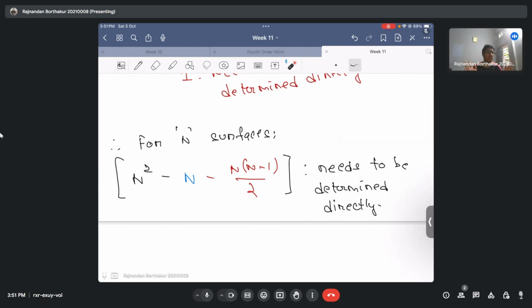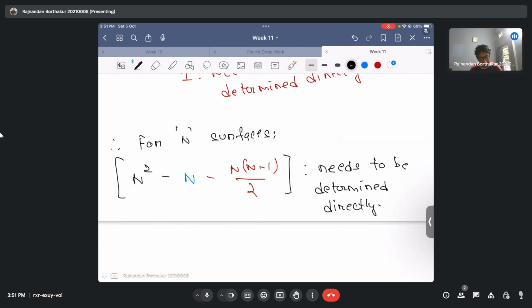To know all the view factors corresponding to the n surfaces of the enclosure, this is what the question is asking us: how many view factors need to be determined directly. So basically you need to determine n square minus n minus n into n minus 1 by 2.